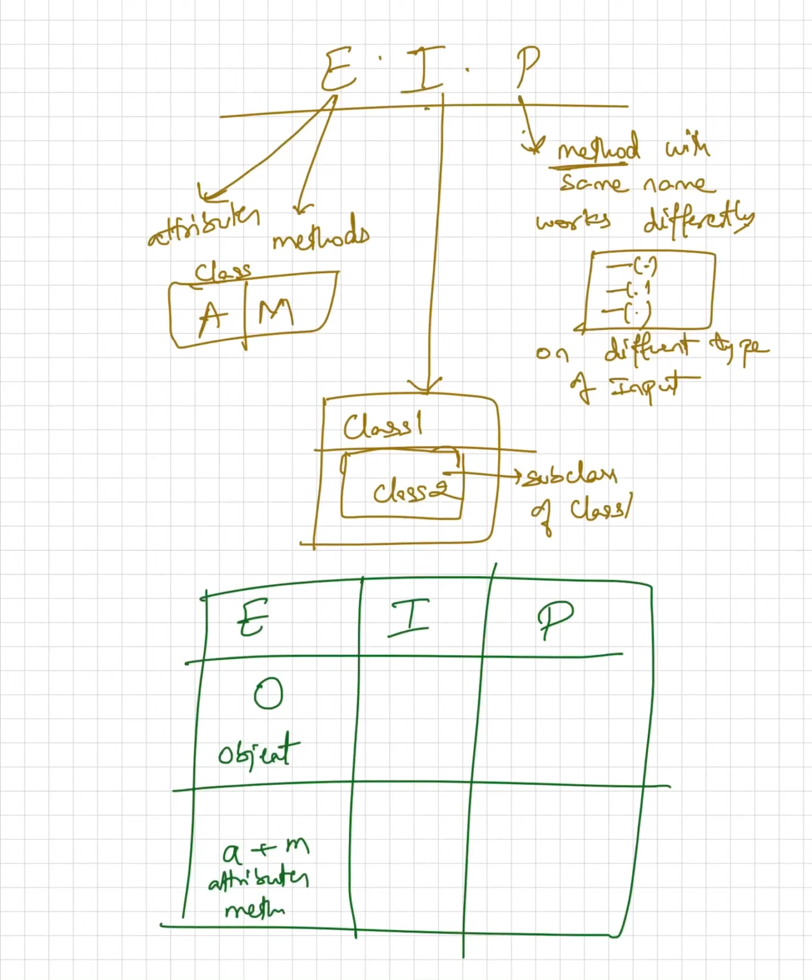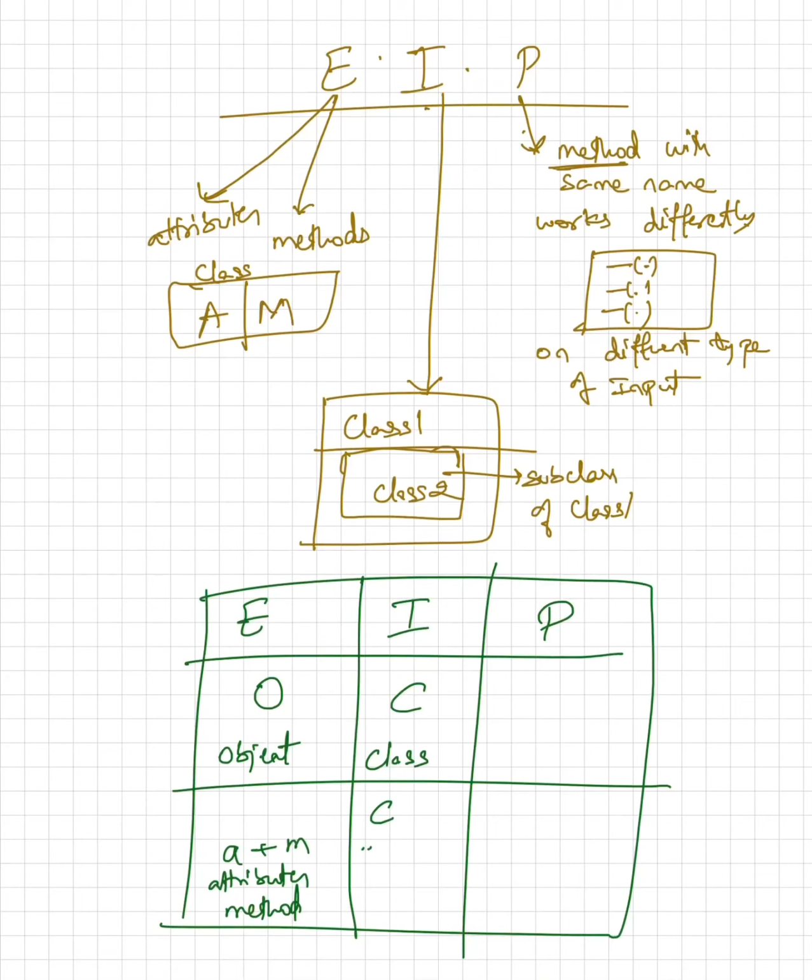So an object has both attributes and methods in it because they are derived from the class. Inheritance is about the class.